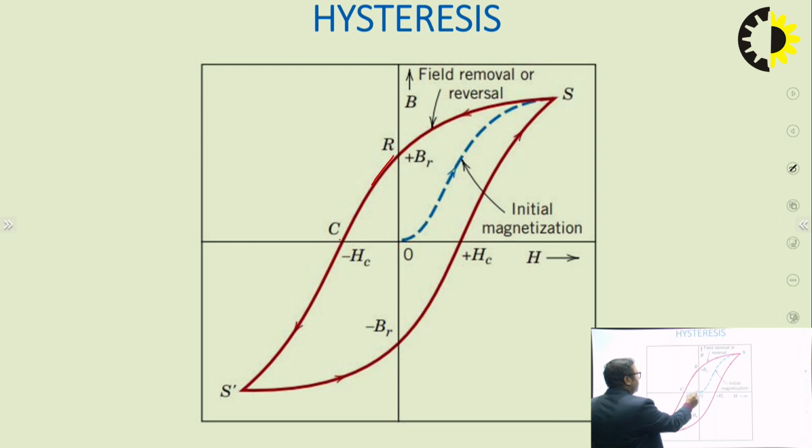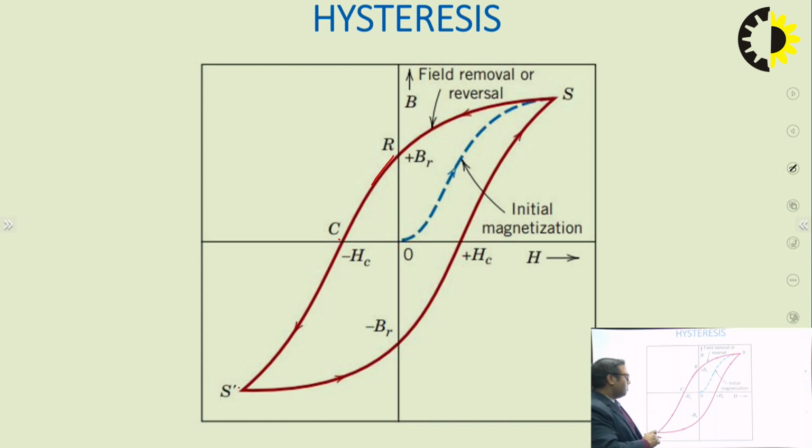This point is known as coercivity. It means all the magnetism inside the material has vanished. If you increase the external magnetic field more towards the negative direction, you will see that the magnetism has been increasing in the negative direction.